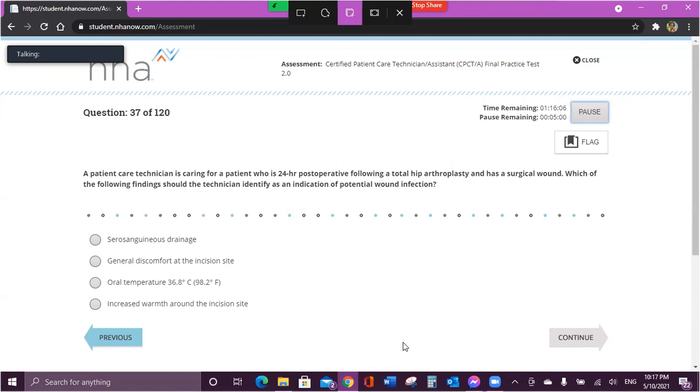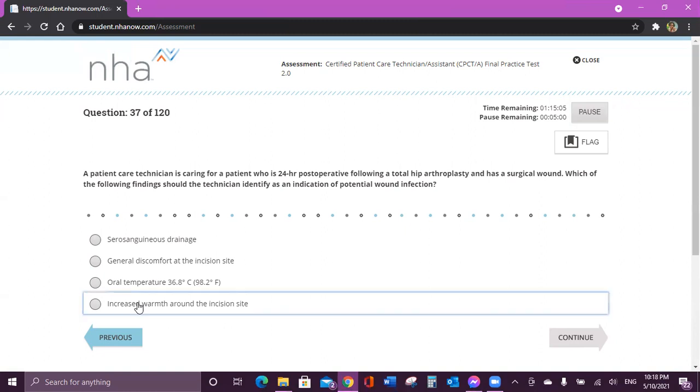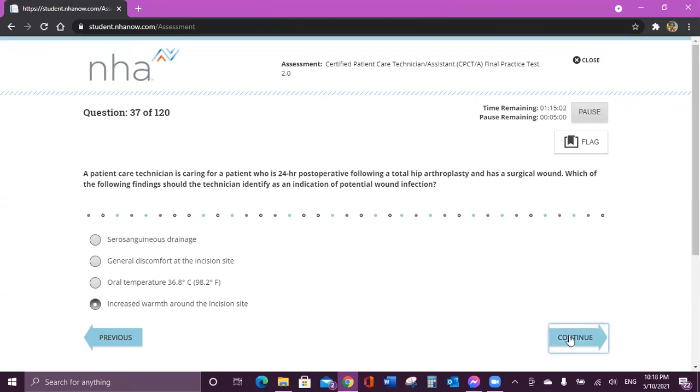Drainage, general discomfort at the incision site, oral temperature, no. Increased warmth around the incision site. Yeah, eso significa infección. Esa, ¿verdad? Yeah, infection.